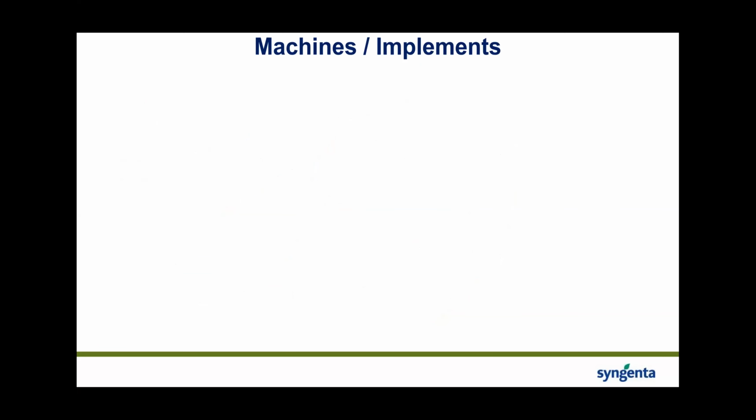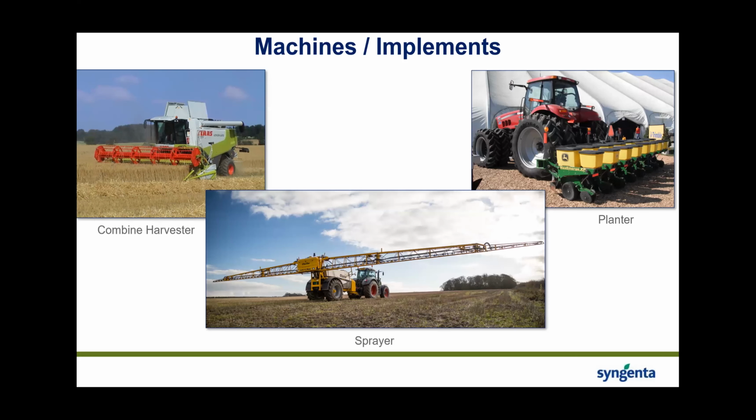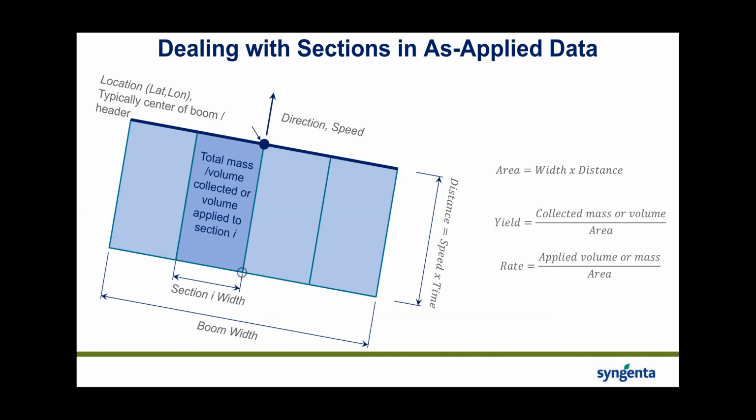So when you're dealing with machines, you've got all these different types of machines, combines, sprayers, et cetera, of different sizes and complexities. When you're trying to make sense of what they did, you have to do some math. You want to collect these different points where the machine is reporting what it did, and that may or may not be broken out into sections.